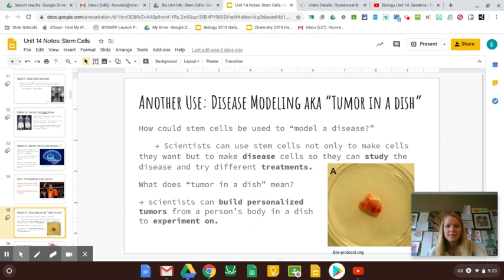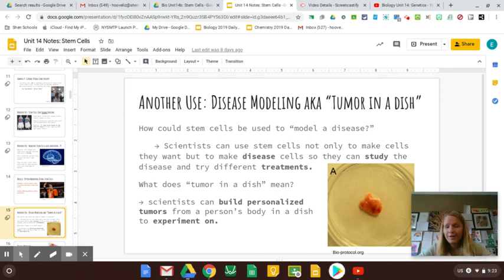Another use is disease modeling, a tumor in a dish. If you can get stem cells to grow and become whatever you need, and you have someone with cancer and you want to try different treatments, you could take a sample of their cancer, maybe from their lungs for lung cancer, put it in a dish and make it with stem cells, and then the stem cells will grow into that tumor they have in their lungs or wherever.